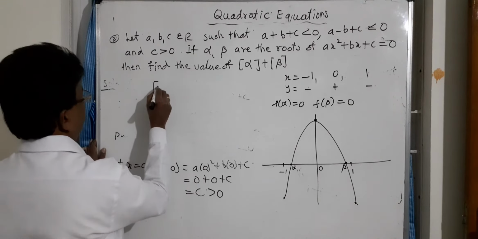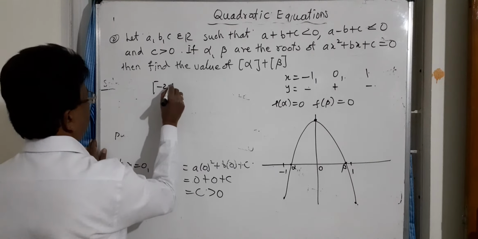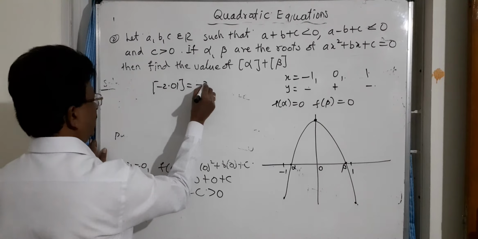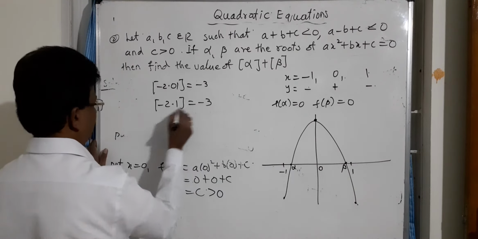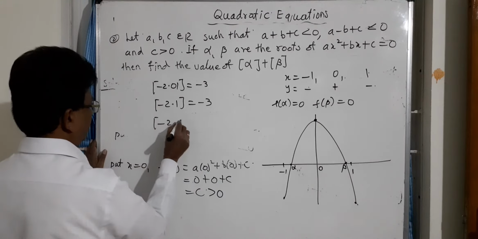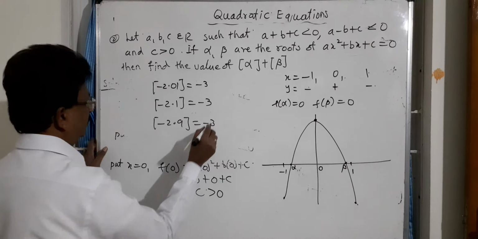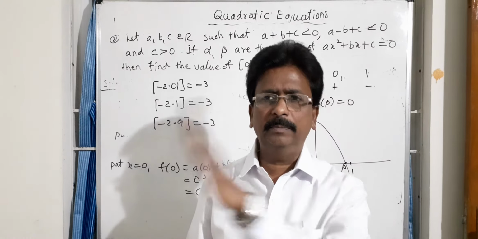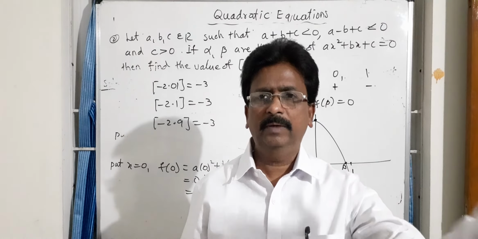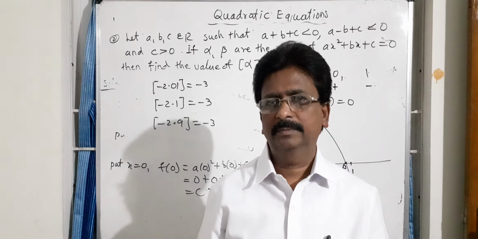Step of minus 2.01, how much? Minus 3. Step of minus 2.1, minus 3. Step of minus 2.9, also minus 3. Step of minus 2 point something, any something value is minus 3.